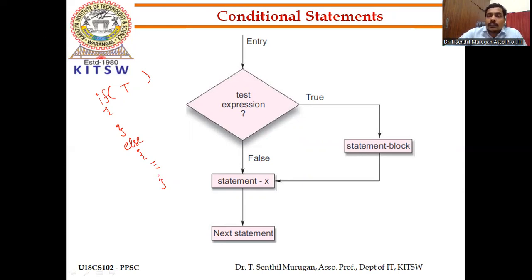If the condition is true, it will execute this statement block, whatever you have written in the if statement. If false, it will go to the next statement in the program. If the test condition is true, it will execute this block. If it is not true, it will directly execute the else block. If true, it will execute the if block, then come to the next statement.